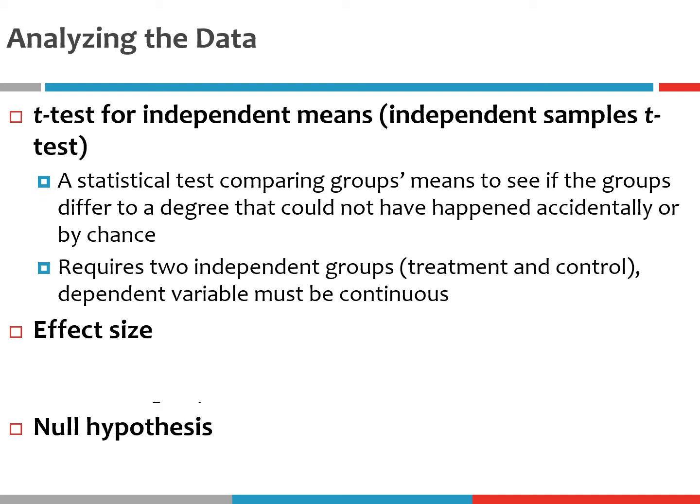We want to always reject the null hypothesis. Always. Because if we reject the null hypothesis, we can then support the experimental hypothesis or the treatment hypothesis and say that our independent variable works, or there's a difference between these two groups, the treatment group and the control group. So we always want to reject the null hypothesis under every circumstance.